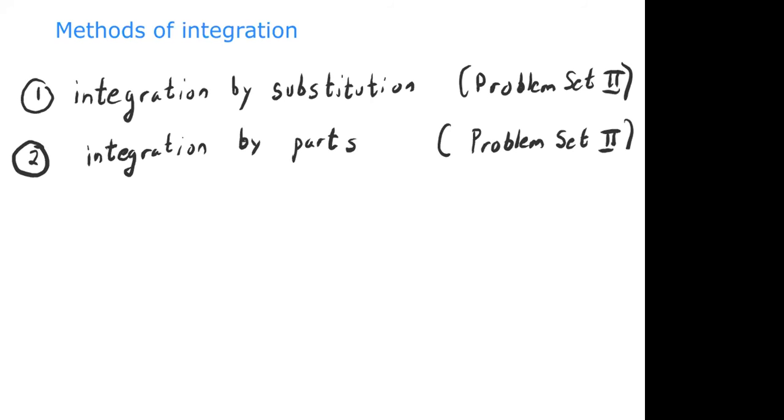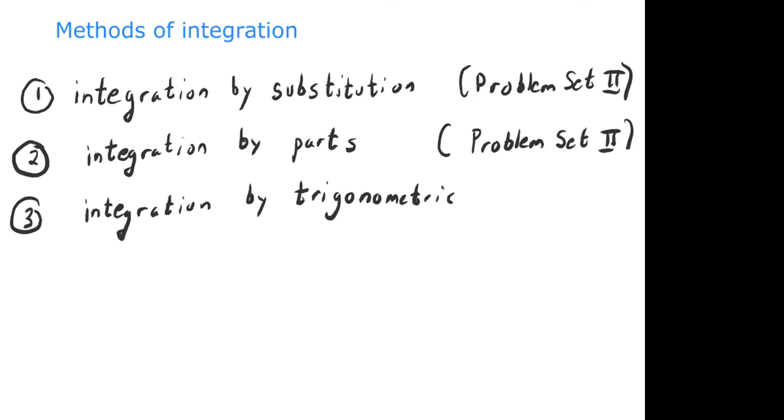Third technique, which turns out to be extremely useful, and I was not shy, I may have gone overboard a bit in problem set 2, but it's important because if we tackle these integrals now, then we don't have to worry about them when we're trying to solve problems like calculating electric fields or electric potentials or using Gauss's law. And so this technique involves trigonometric substitution. And again, problem set 2 is the way to review those techniques and master them.